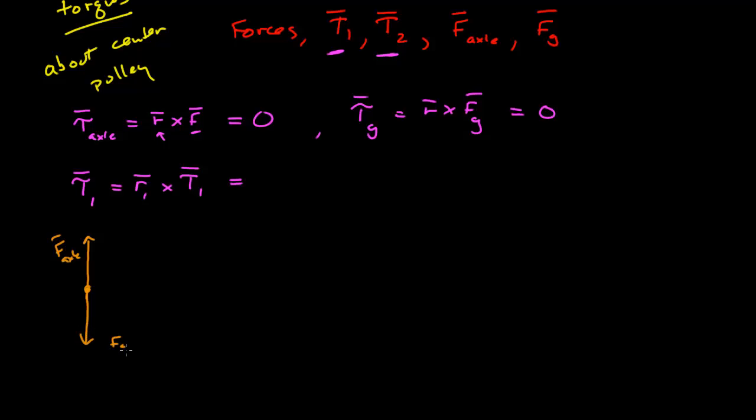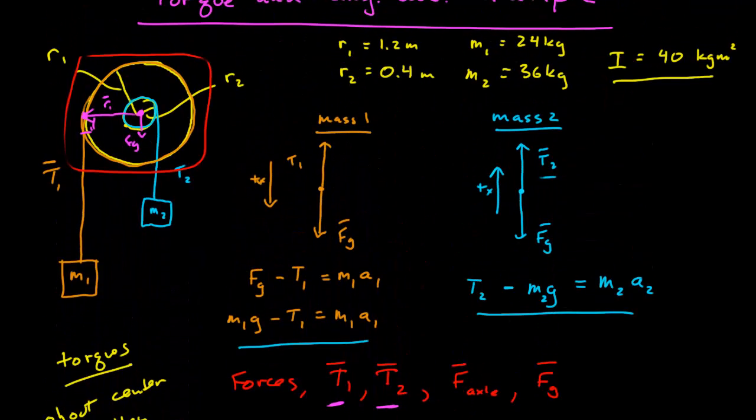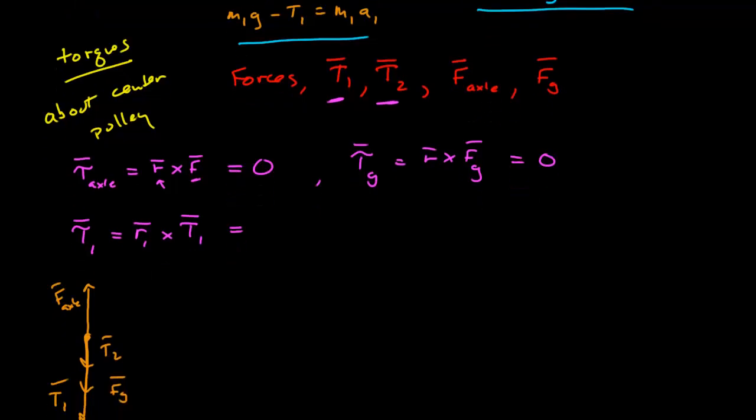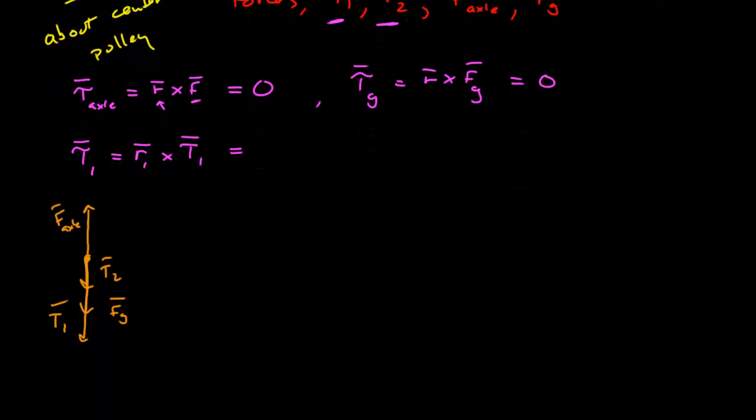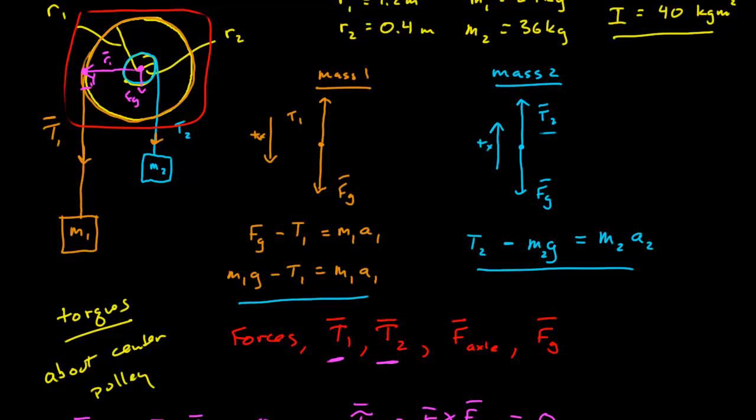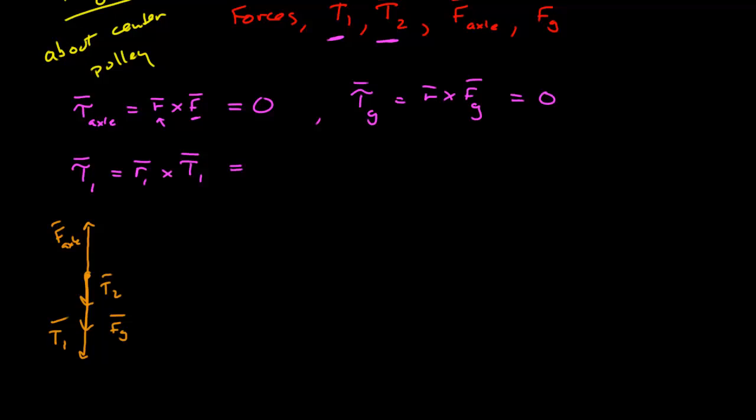There's a gravitational force that's down, and tension 1 down, tension 2 down, right? The force of gravity plus all the tensions all exert a force that's down on the pulley. Okay, so the radius R1 makes a 90-degree angle with the tension force from 1.